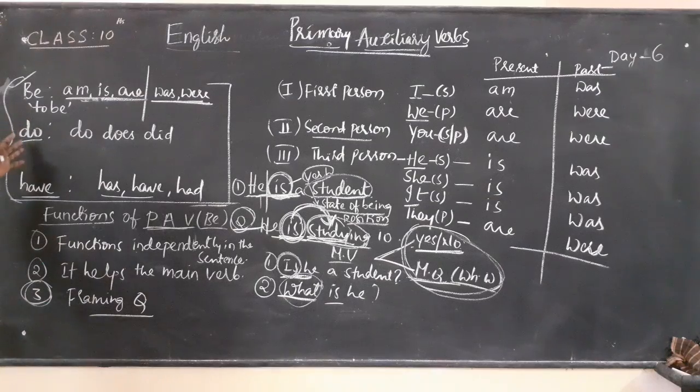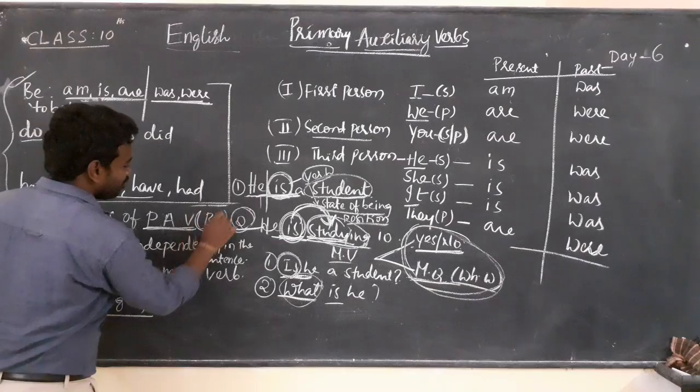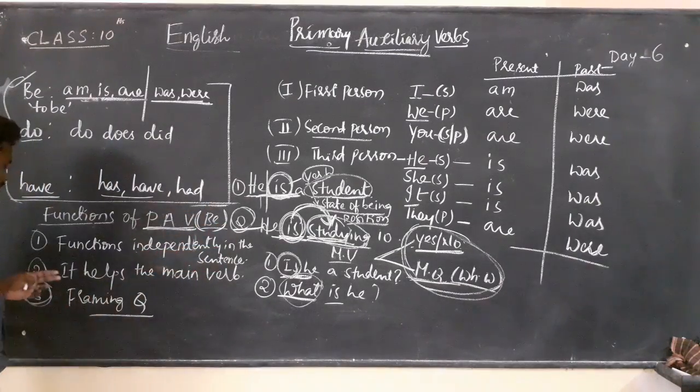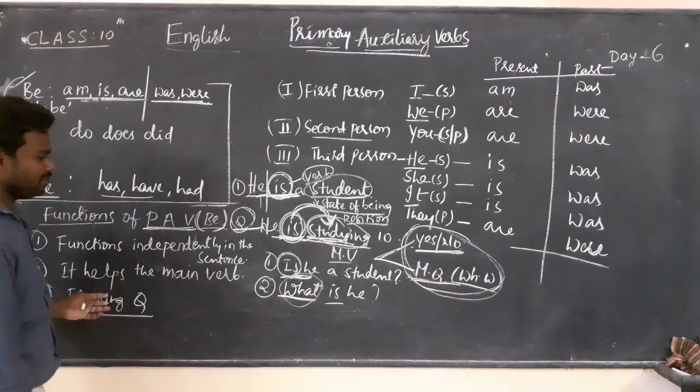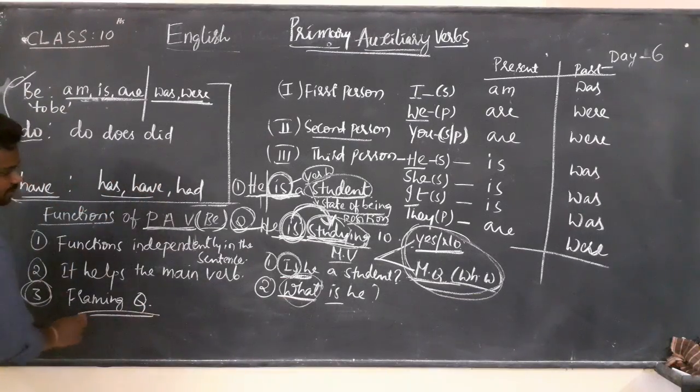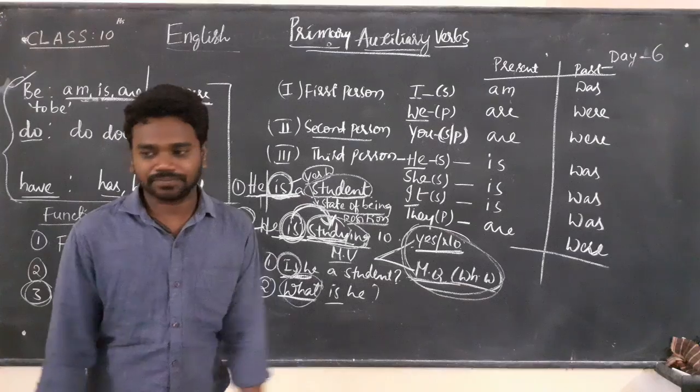We have seen today the be forms: is, are, was, were. What are the functions of primary auxiliary verbs? Be forms function independently in a sentence. It helps the main verb. And framing questions, we use them to frame questions.